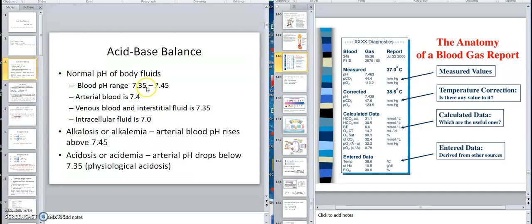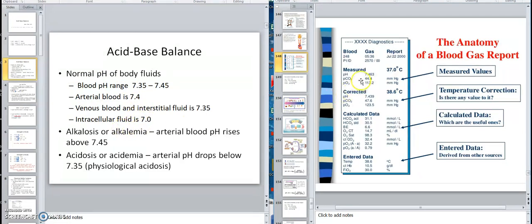Now, why? That's right in the middle. And venous blood about a 7.35. Venous blood is a little more acidic. Why? There's more CO2. Remember, CO2 mixes with water. Inside the cell is 7. Now, if you keep the blood right, then everything else will be right. Okay? So that's kind of your values.